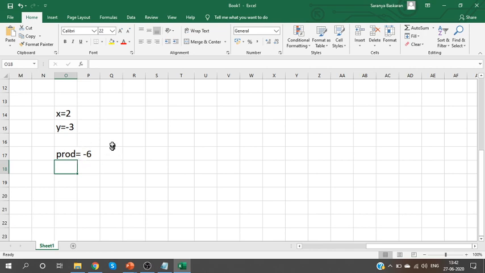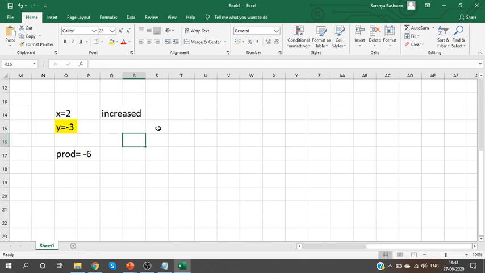To decrease the product further, y value cannot be changed. X value has to be increased. Don't decrease the x value. If x goes negative, the product will become positive, so that is not wanted for us. So increase the x value.